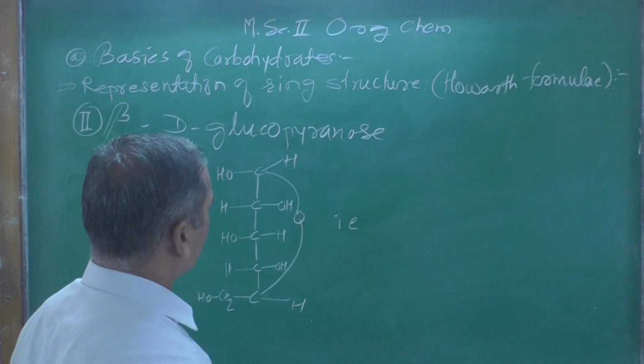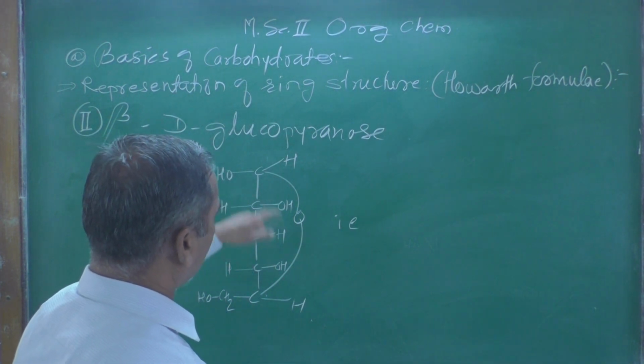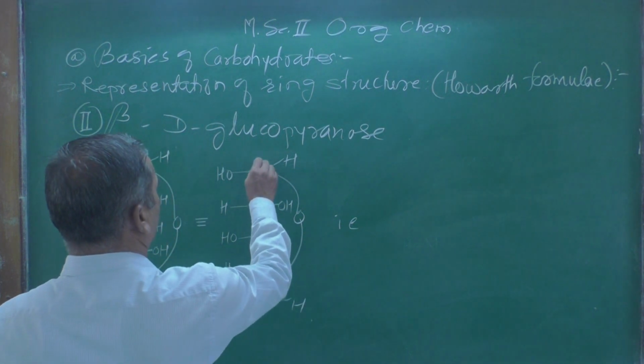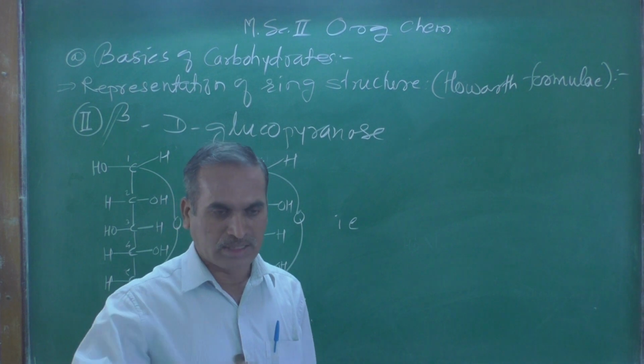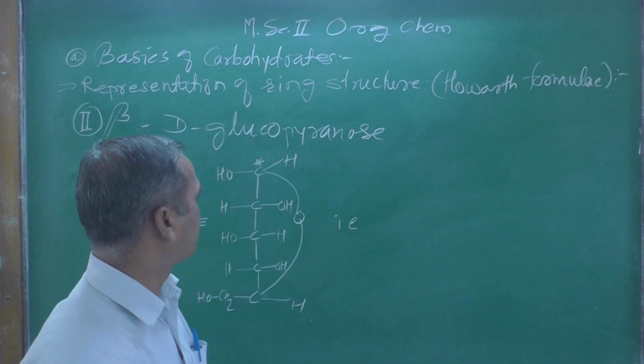So, what is the point? This is the anomeric carbon atom, carbon number 1. An additional chiral center is generated here.